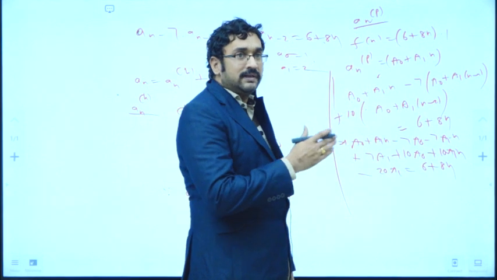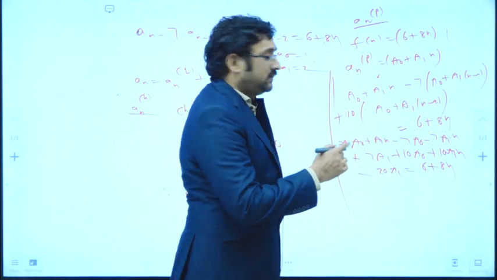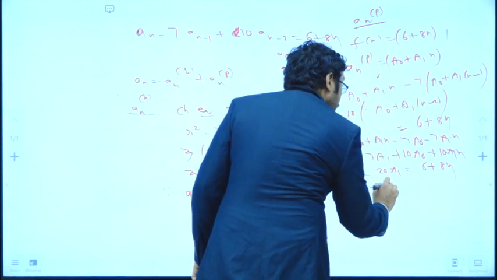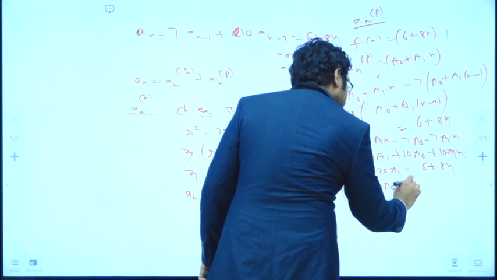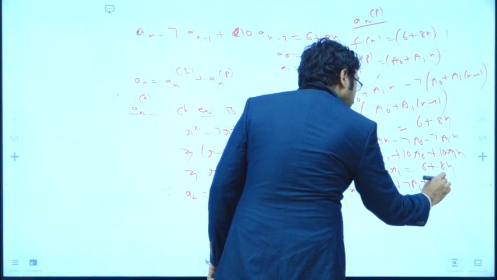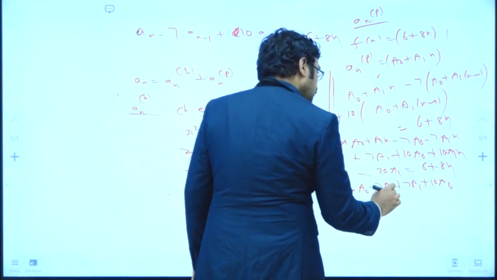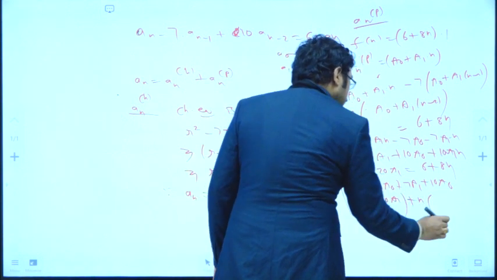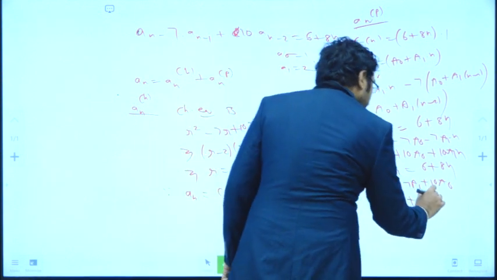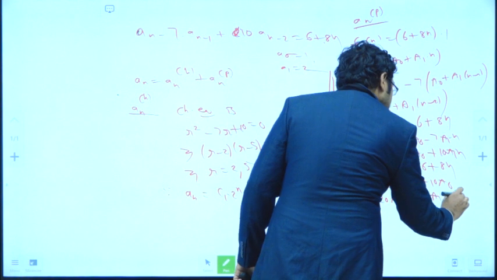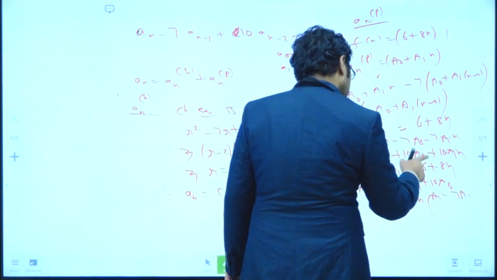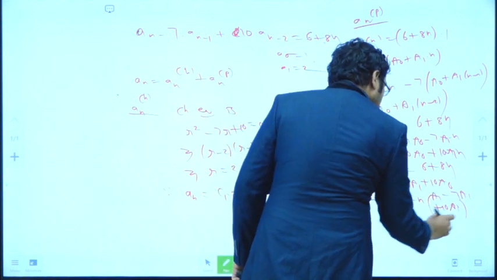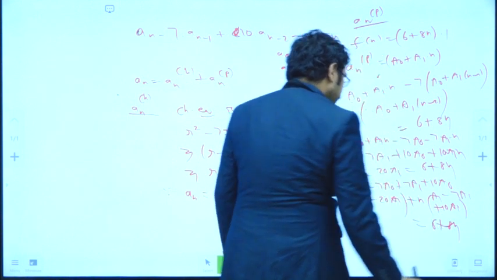Shuffle the left hand side so that constant terms are on one side and n coefficients on the other. Therefore, a0 minus 7a0 plus 7a1 plus 10a0 minus 20a1, plus n into, from the remaining terms taking n as common, we get a1 minus 7a1 plus 10a1, equal to 6 plus 8n.